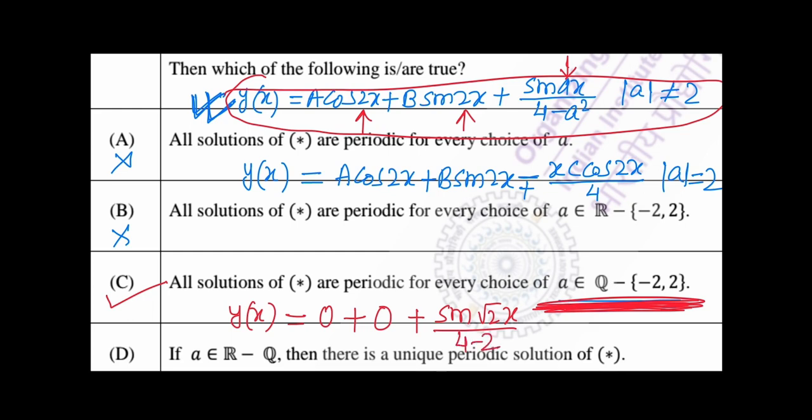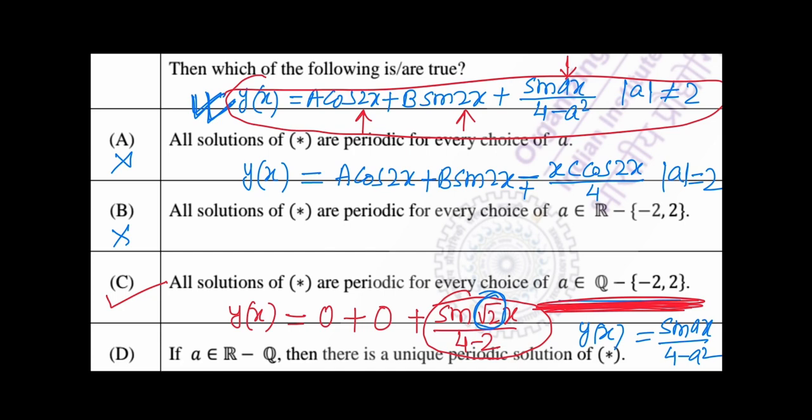And you know this is a periodic function because there is no two types of number. Here you see only one type, that is irrational number. So if you take capital A, capital B equals 0, then y(x) will be sin ax by 4 minus a square. For every irrational number a, this function is a periodic function, and so it is a unique solution because in this case we have taken both capital A and capital B equal to 0.